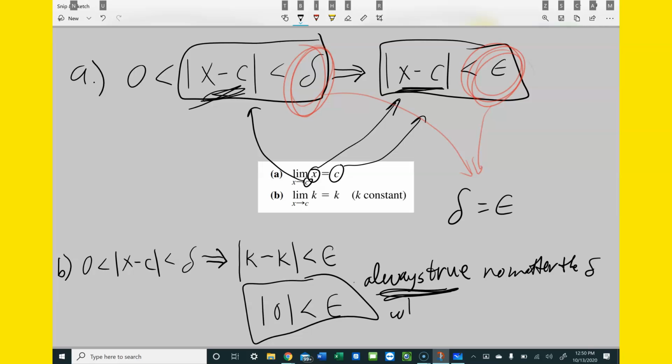Which means delta can be any positive number. Choosing any delta that we want will always answer the skeptic in this case. The skeptic did not pose a very hard question for that.